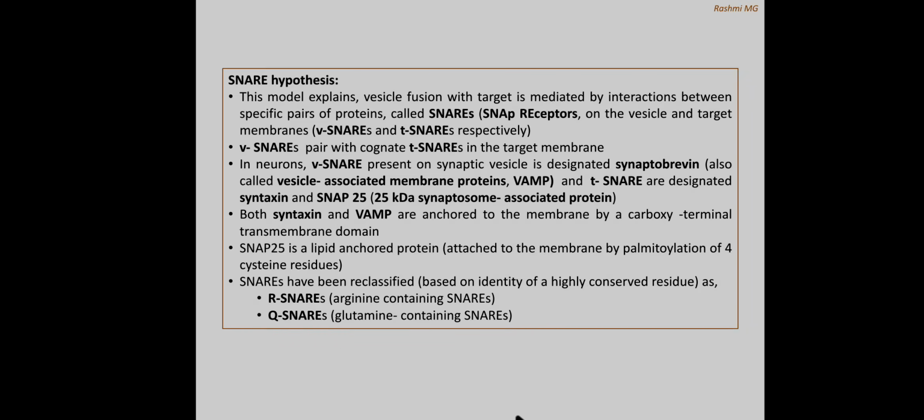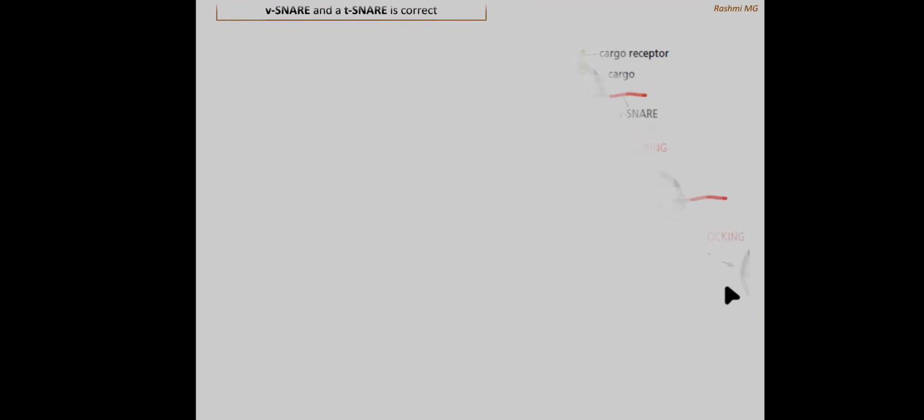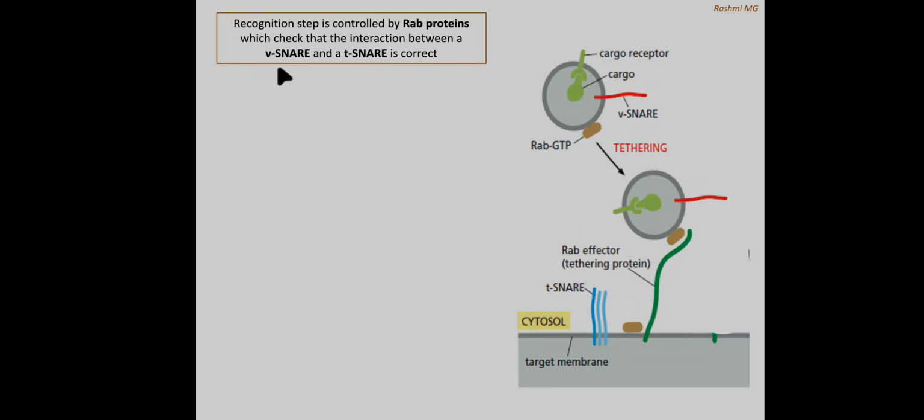Now let us see the explanation or the practicality of this hypothesis. The recognition step is controlled by Rab protein. So I'll explain it in a raw method.